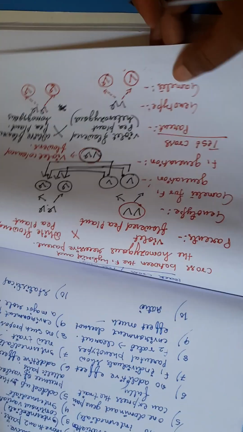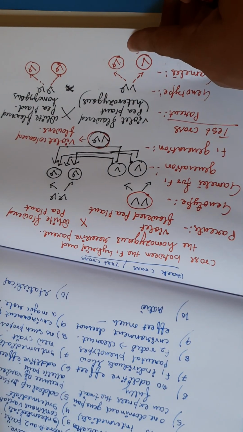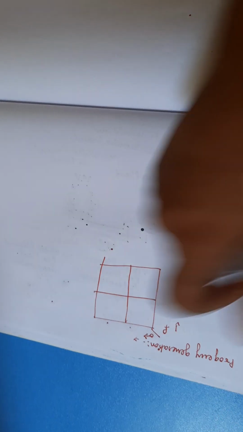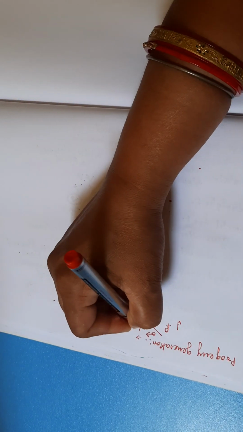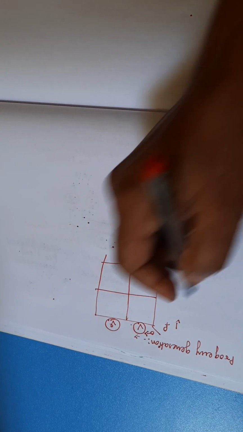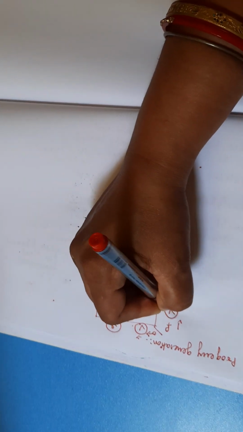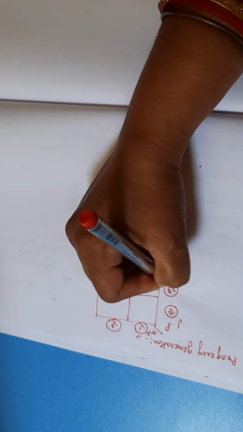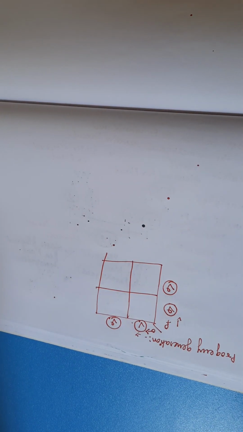So here once again you see this is the genotype of the pollen grains and this is the genotype of the ovule. So here I will write capital V and small v. Remember to encircle when you are writing the gametic genotype. So it will be small v for the ovules. Now let us see what happens.